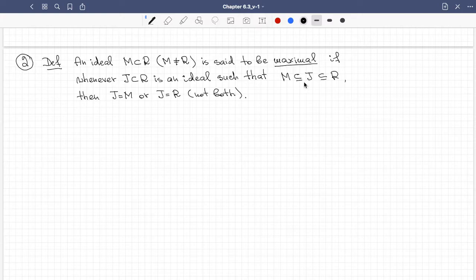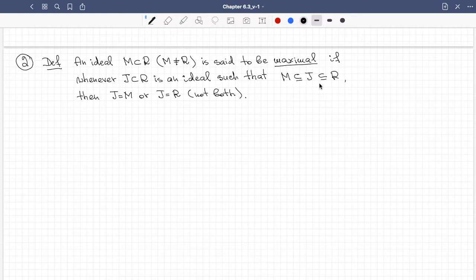So what happens here? The ideal is called maximal if there are no ideals in between this ideal and the whole ring. The whole ring is, of course, an ideal in itself, a trivial one.